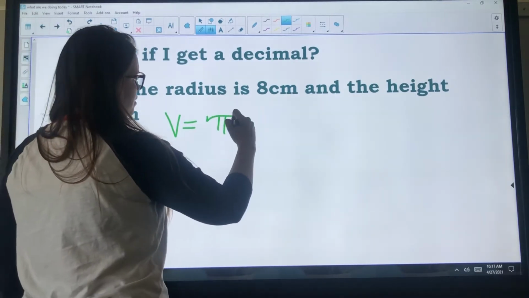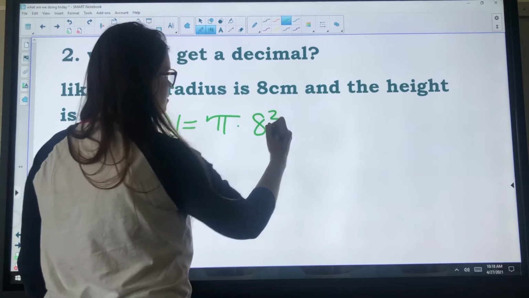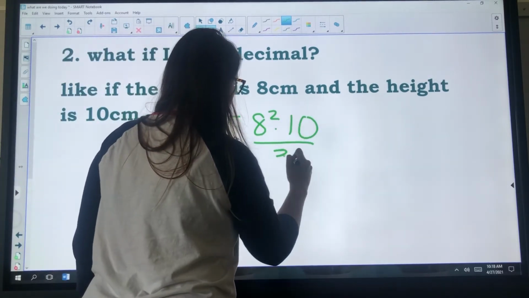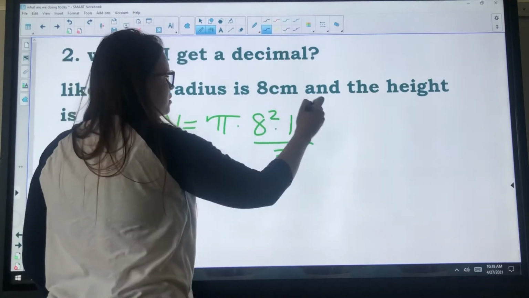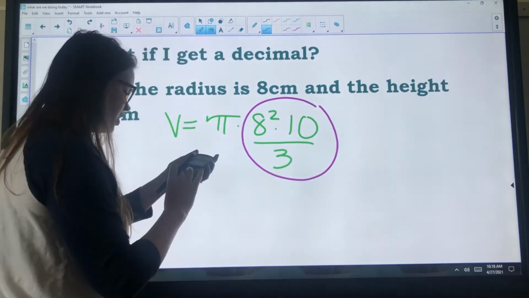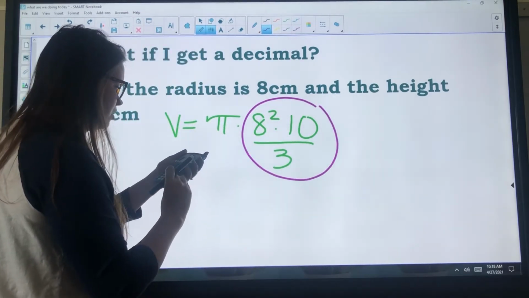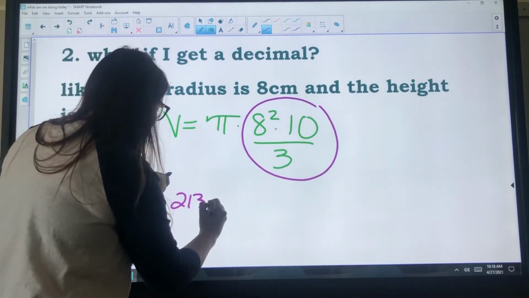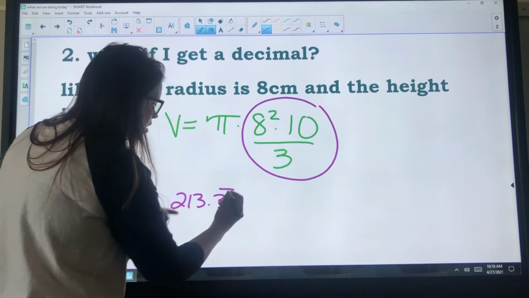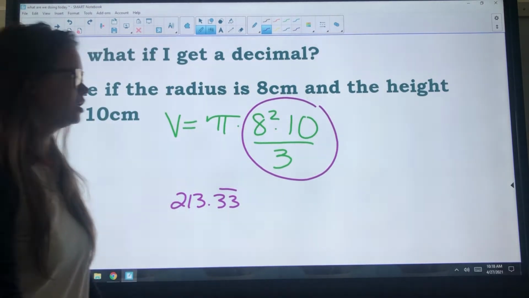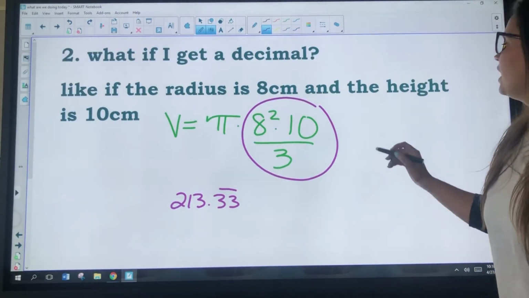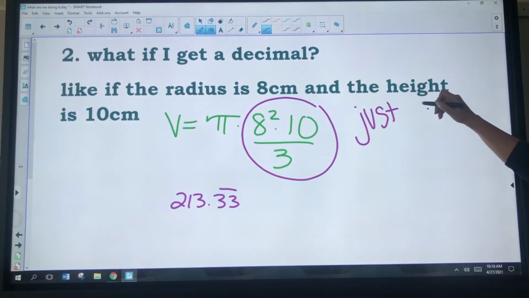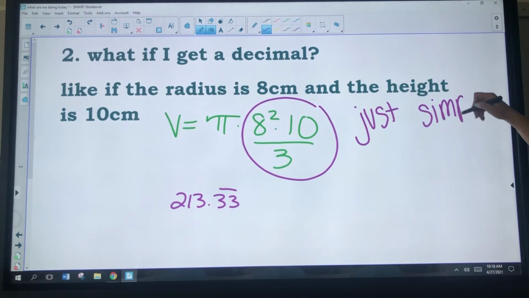Pi times 8 squared times 10 divided by 3. Again, if you hit 8 squared times 10 divided by 3, you get 213.3333 repeating. Okay? So if that happens, you're just going to simplify the top.